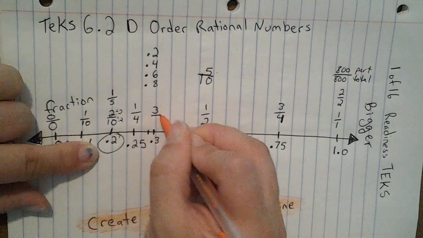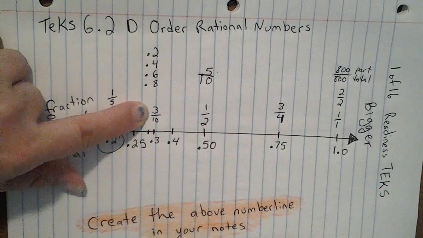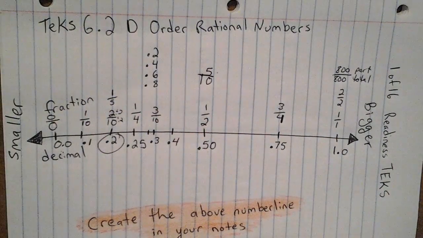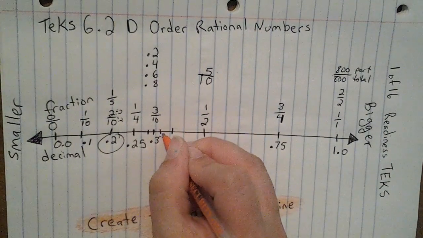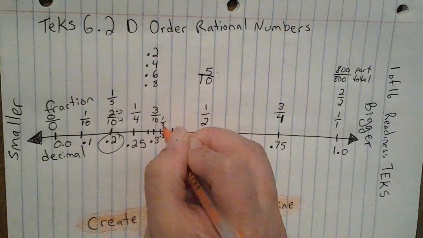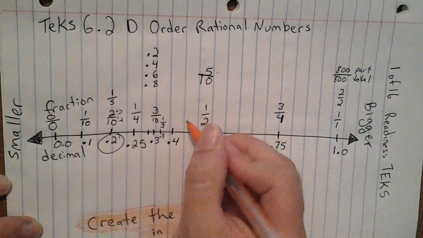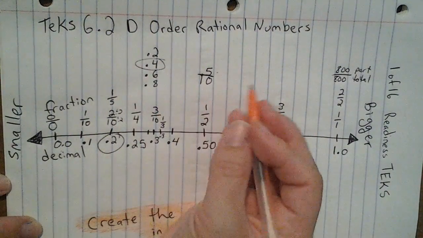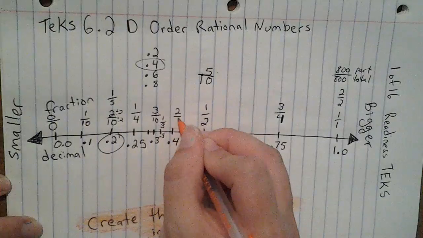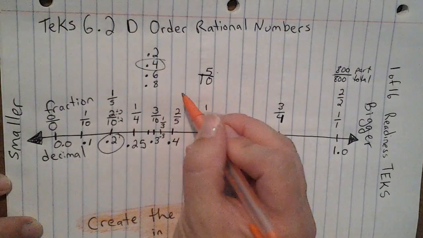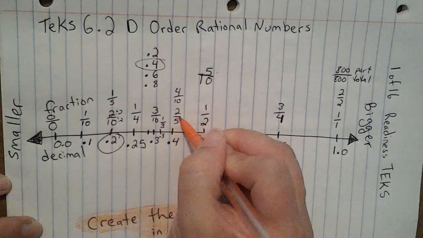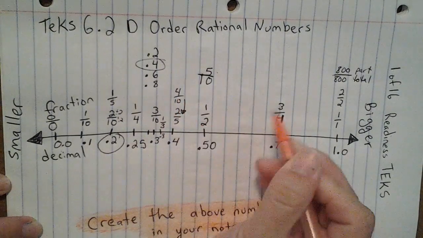Now 3/10 would simply be written like this, but there's a number that's slightly bigger than 3/10, which is 0.3 repeating, and that is the same as 1/3. 4/10, as you learned from up here, is the same as 2/5. So 4/10 is, yes, it is 4/10, but it's also 2/5 when you simplify it.